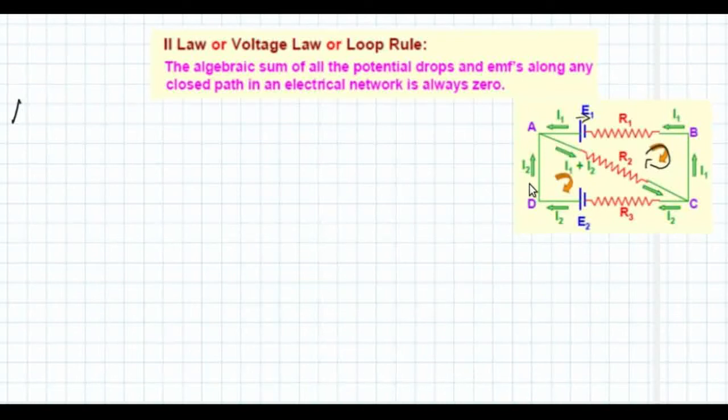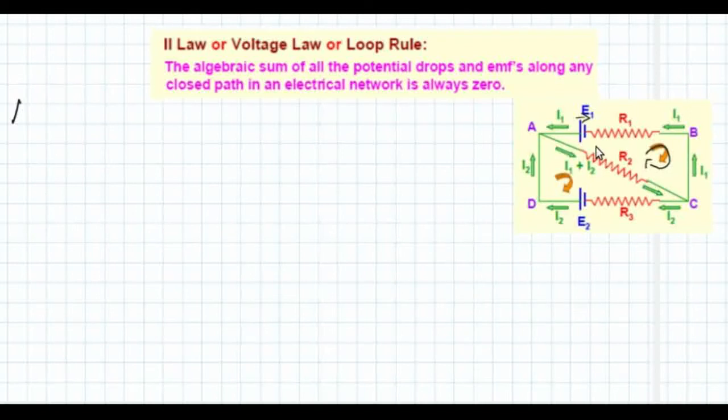This direction is considered for all the loops, whether it is A, B, C, A, A, C, D, A, or A, B, C, D, A. For all the loops we take the clockwise direction as positive, and if the current is in the anti-clockwise direction, then it should be taken as negative.